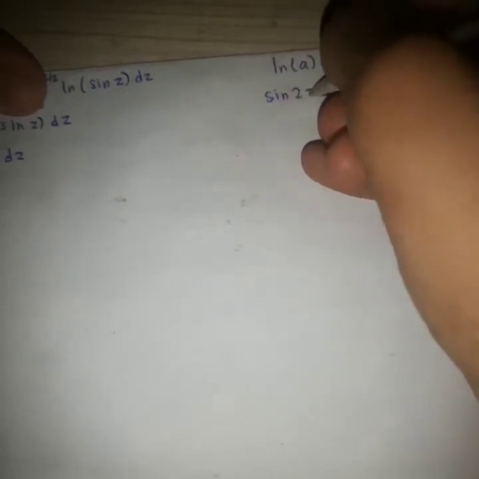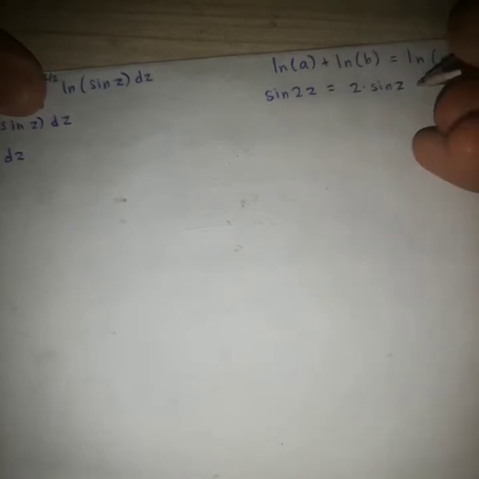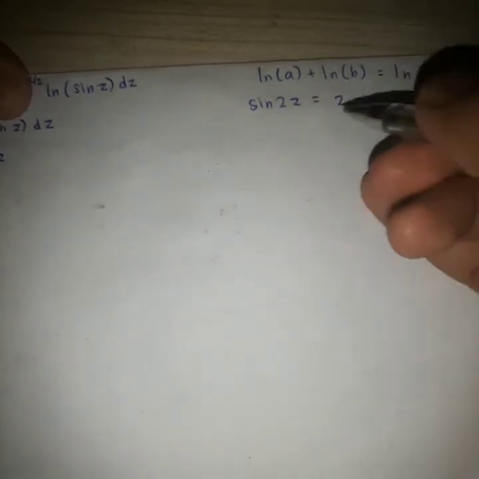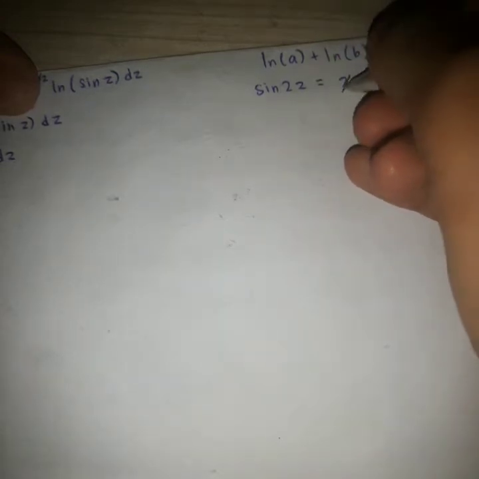So from Pythagorean identities, we know that sine of 2z is just equal to 2 times sine z cosine z. By dividing both sides by 2, this will become 1/2.